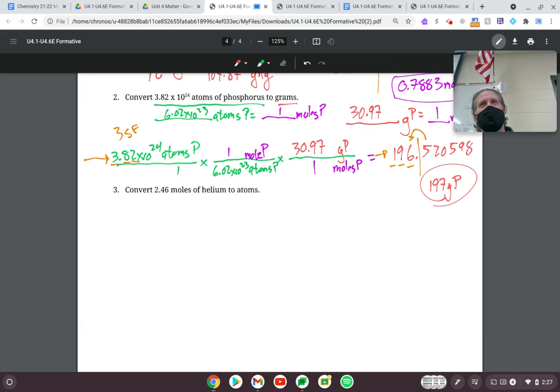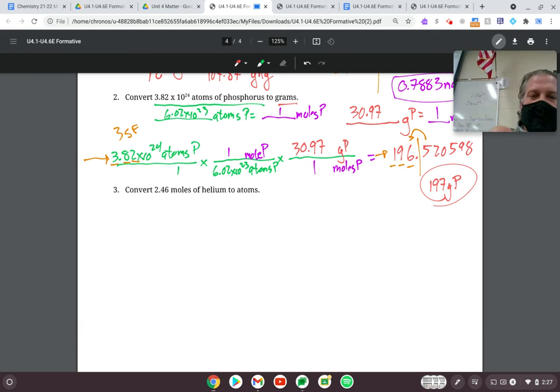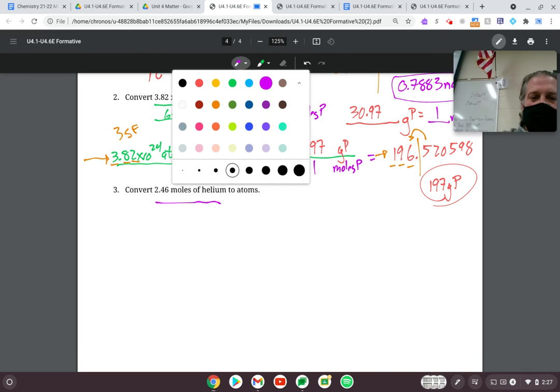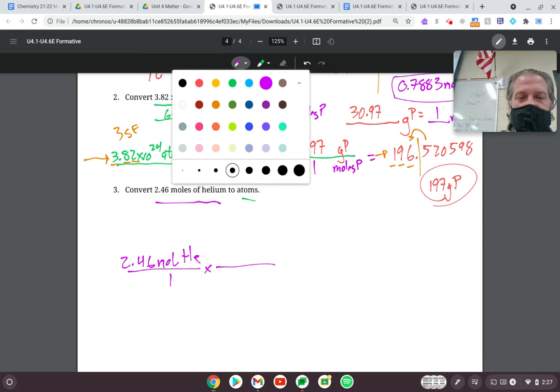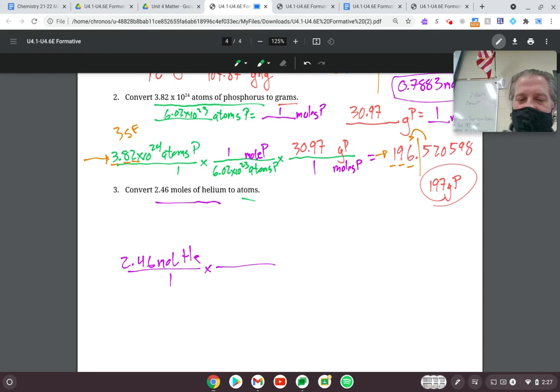The last one we're going to be doing here is converting moles of helium to atoms of helium. So I know that I've got 2.46 moles of helium all the way over to atoms of helium. So here's my 2.46 moles of helium over 1. And now I need to know the relationship between moles and atoms of helium.